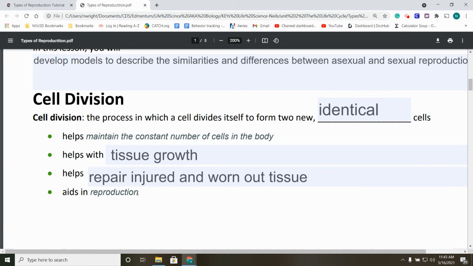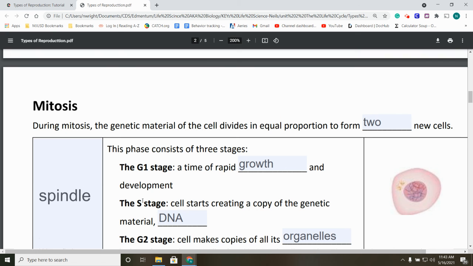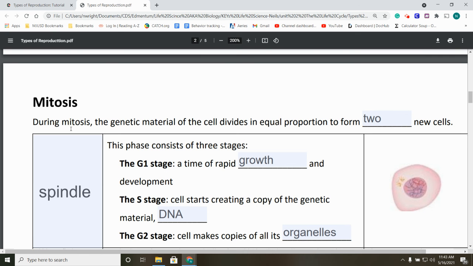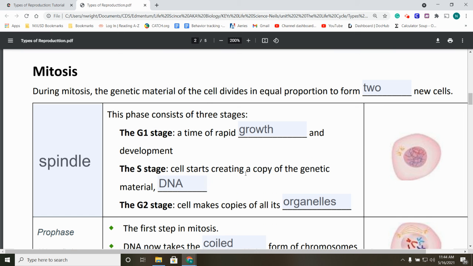It also aids in reproduction. Mitosis. During mitosis, the genetic material of the cell divides in equal proportion to form two new cells.